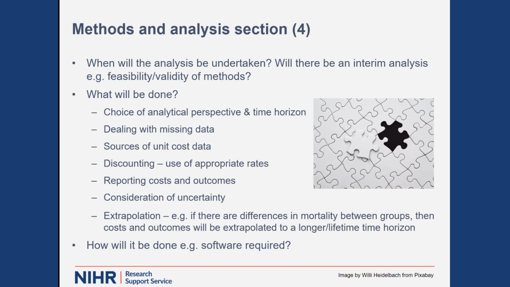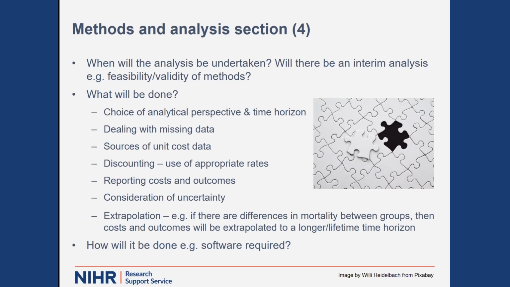So it's not just one outcome measure, is it missing or not, but we might have up to 100 different resource use items, and we cost each of them and add them all up. So if any one is missing, then our total cost is missing. So we have to think quite carefully about how we handle missing data in economic evaluations.